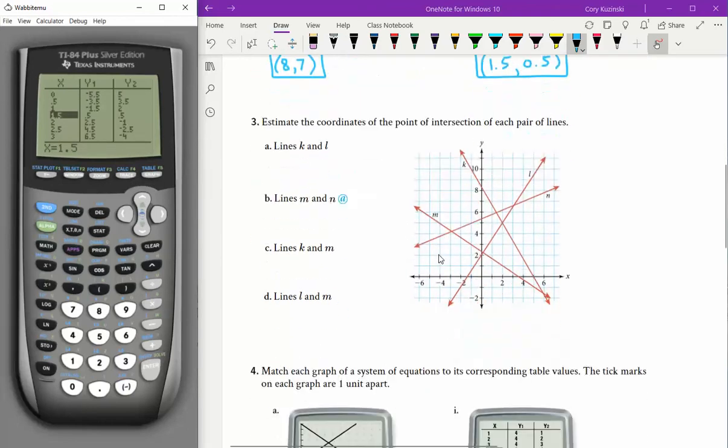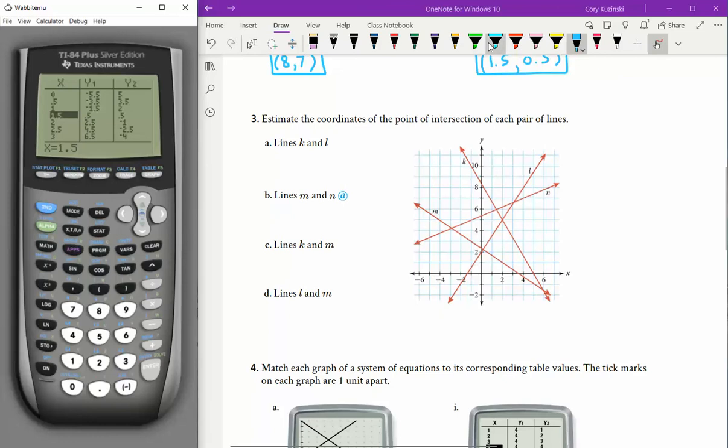All right, estimate the coordinates of the point of intersection for each pair of lines. K and L. So K right there, L right there. Looks like they intersect right here at 2, 5. No big deal there. How about M and N? M and N right about there.